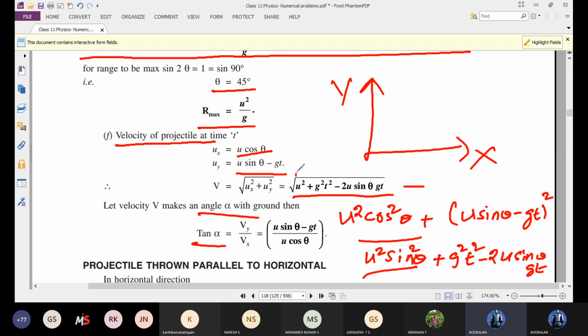So the remainder is u square only, plus g square t square minus 2u sin theta gt. No need for this explanation in the exam; go directly for the formula.